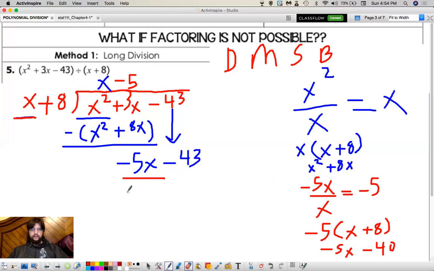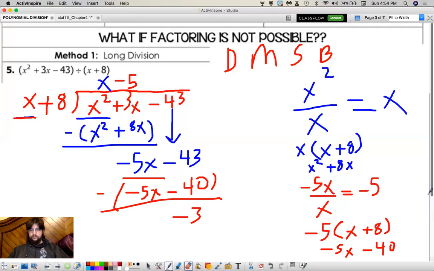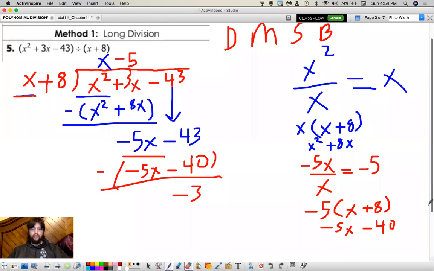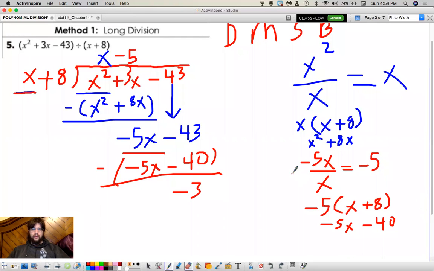And that's what we're going to write right here. This is what we're subtracting. Negative 5x minus negative 5x, nothing. Negative 43 minus a negative 40 is a negative 3. Use a calculator if you need to. Now, we get to the interesting part. If we try and divide this by x, there's no x's here, right? So this is our remainder.